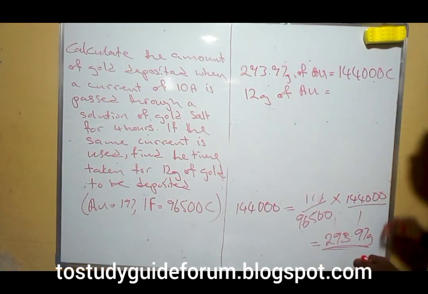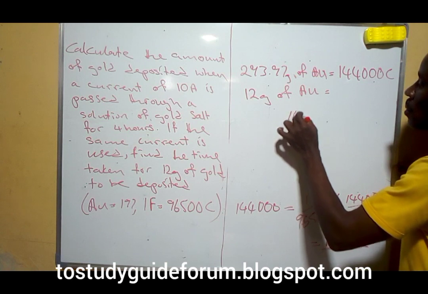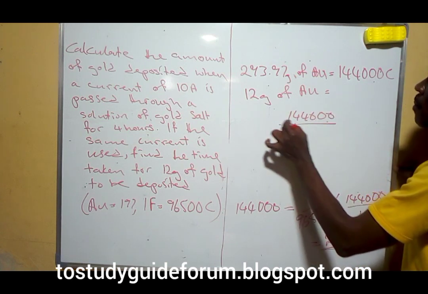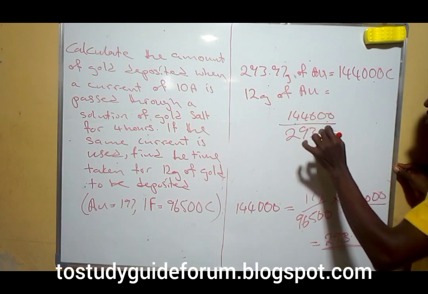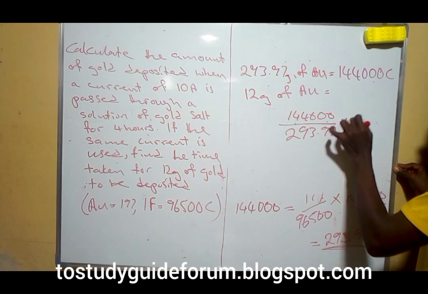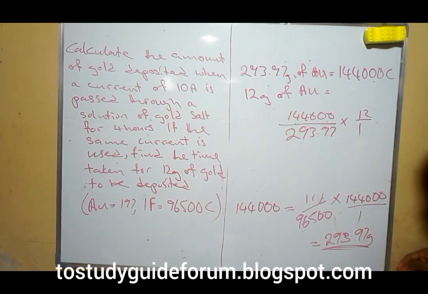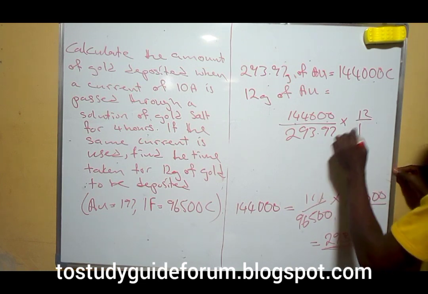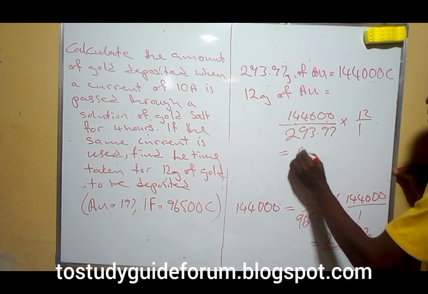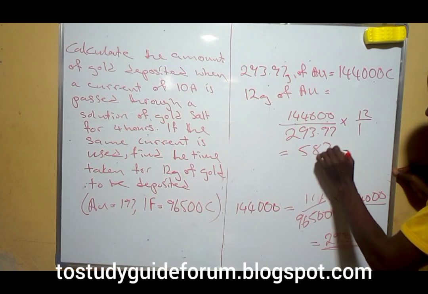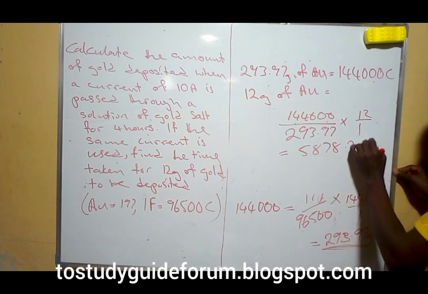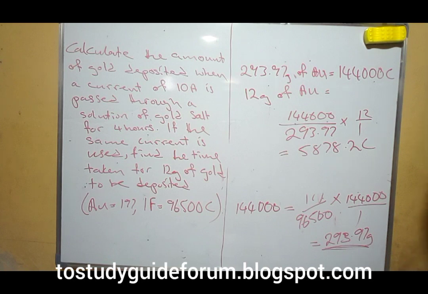So what we do here is, by dividing, we will have our result to be 5878.2 coulomb. That is the quantity of electricity that we require to get 12 grams.